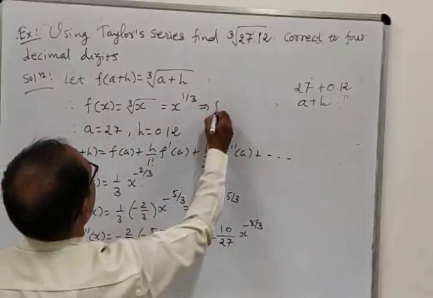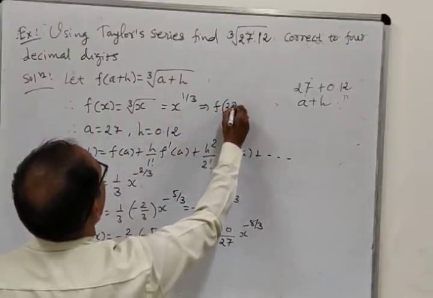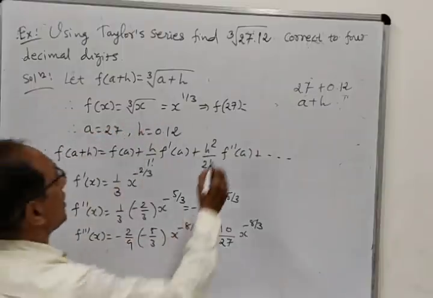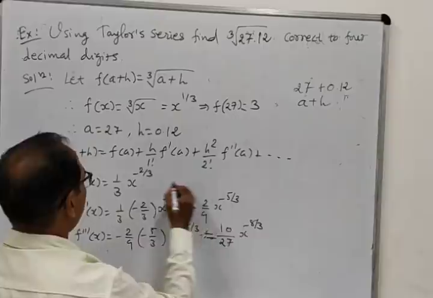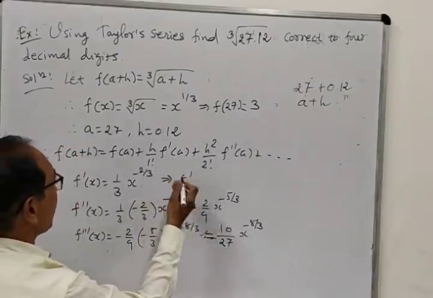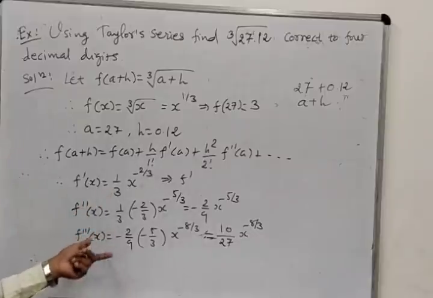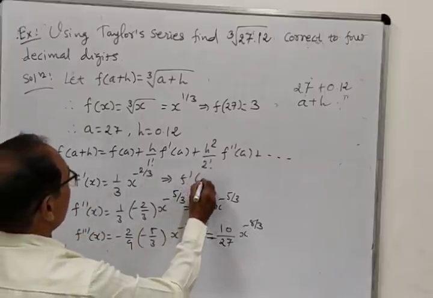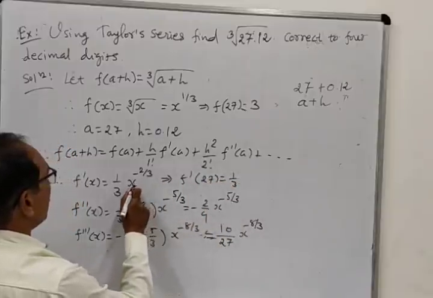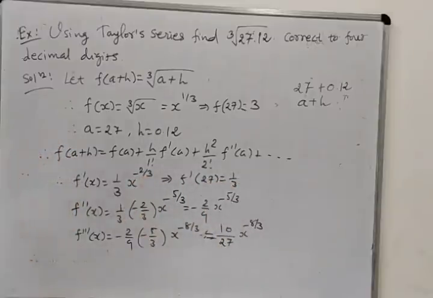Here we will find f of 27 because we have considered a equal to 27, and the cube root of 27 is 3. Then f dash 27 equals 1 by 3 into 27 raised to minus 2 by 3, that means 3 raised to minus 2, which means 1 by 9.